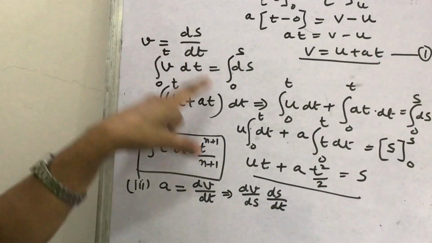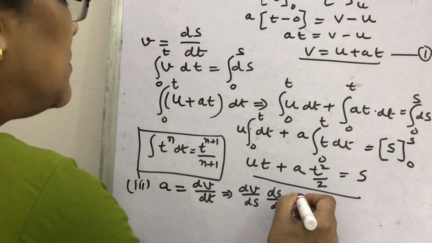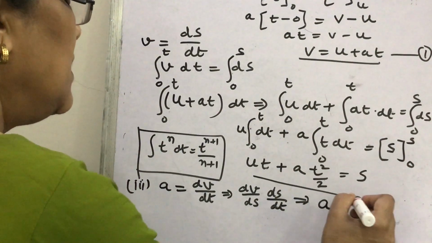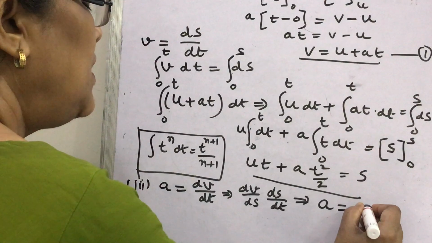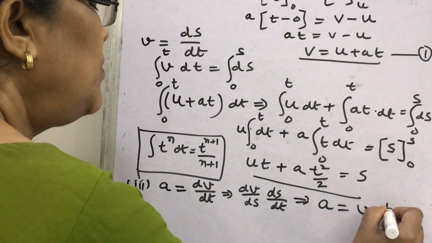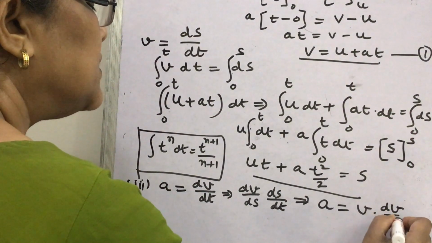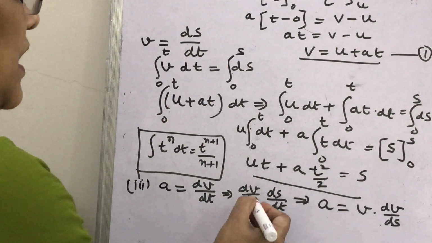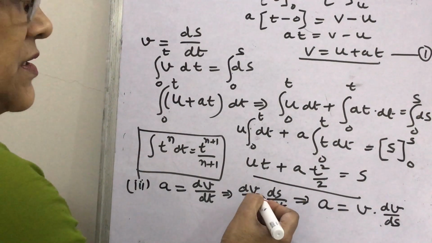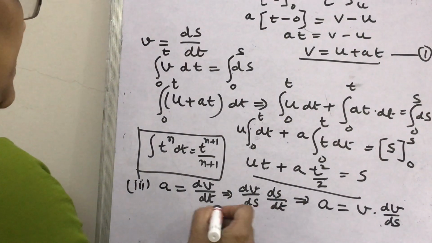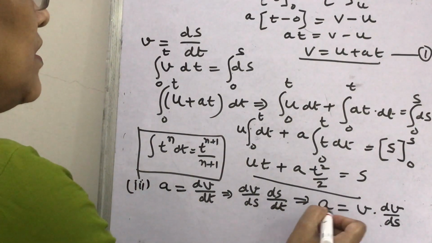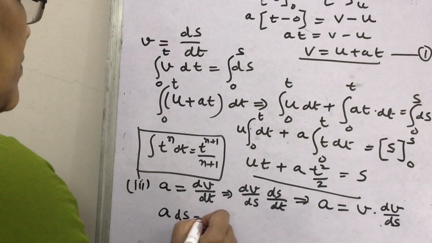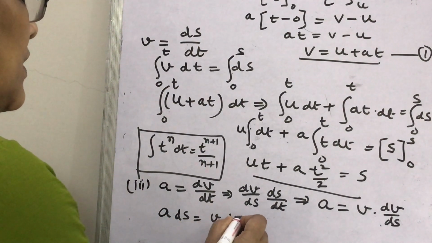So the whole equation, this a can be written as what? a will be v into dv by ds. Here ds by dt is v, and this dv by ds as it is. Therefore we can write a ds equal to v dv.